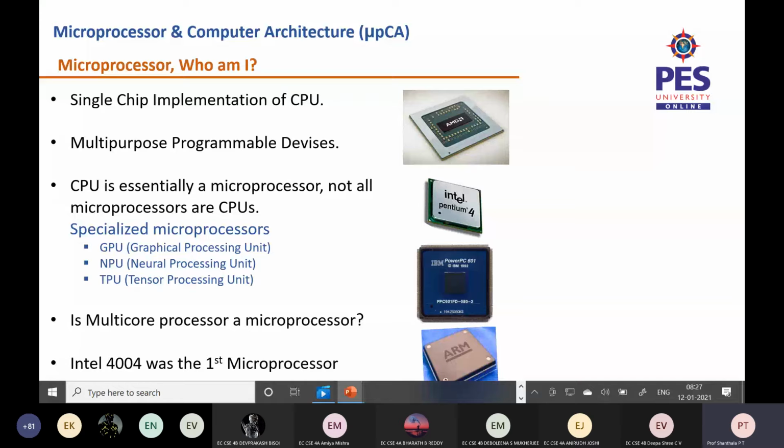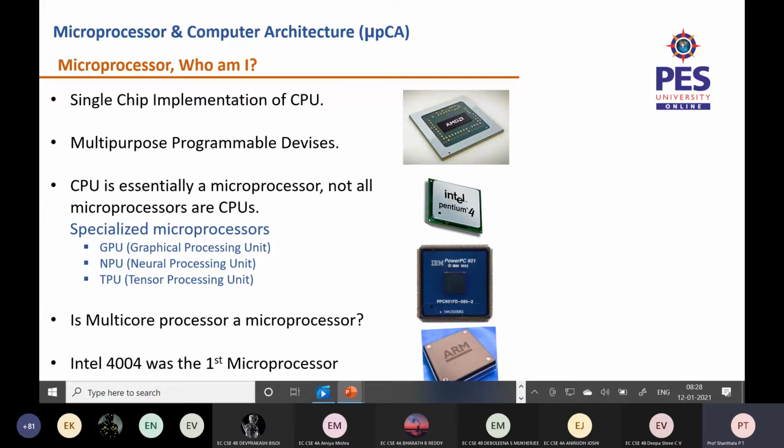Microprocessor is an electronic component which is used by the computer, and the microprocessor is a central processing unit which is made up of single chip implementation.